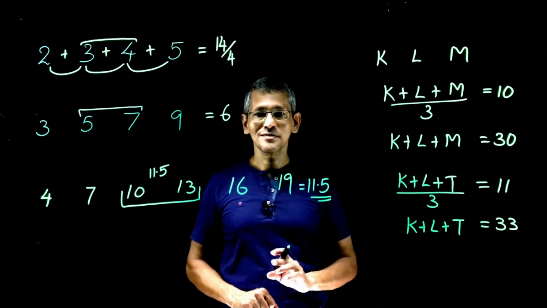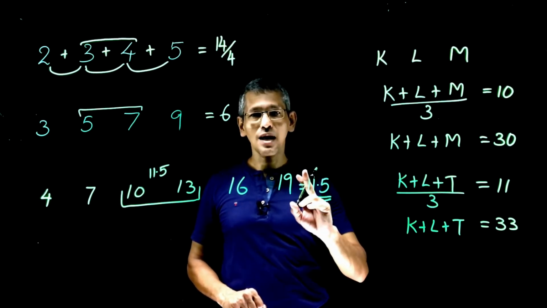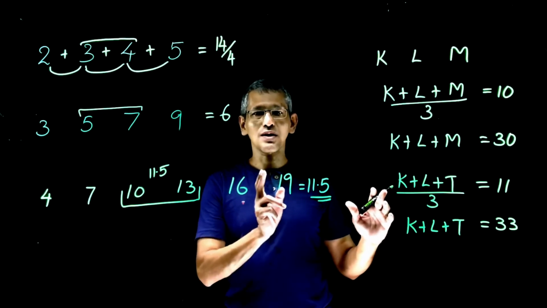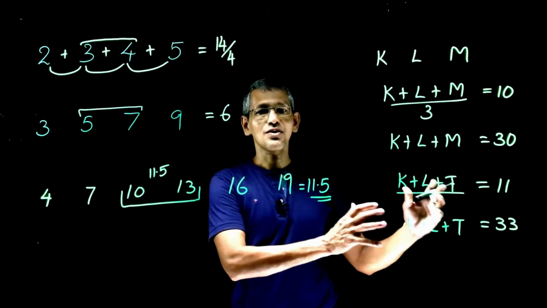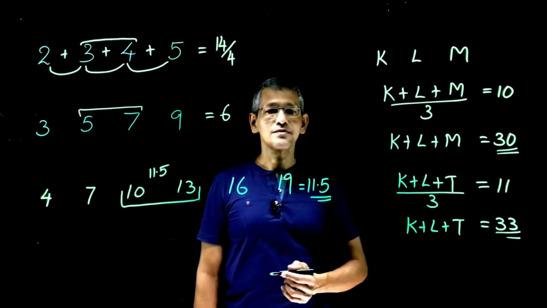Correct? One box's weight is increased by 1 kilogram, there are 3 boxes, so each one is increased by 1 kilogram, and the 3 boxes together are increased by 3 kilograms. So earlier the total was 30, now it is 33.